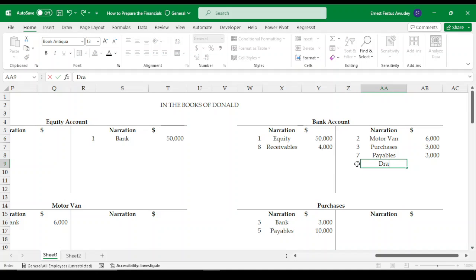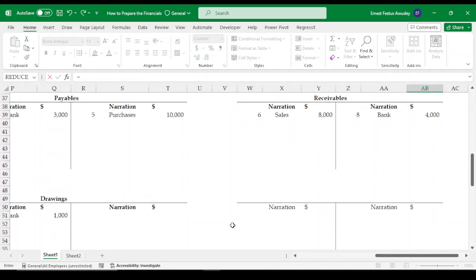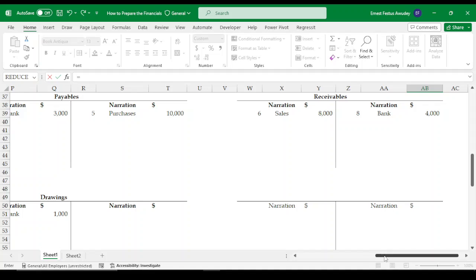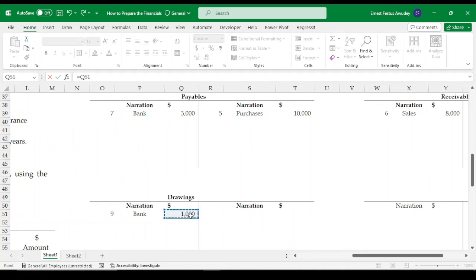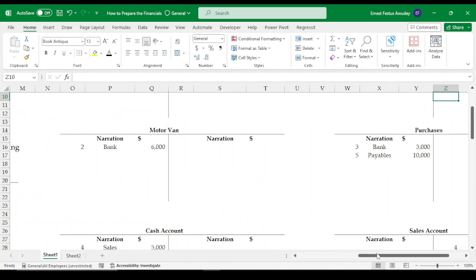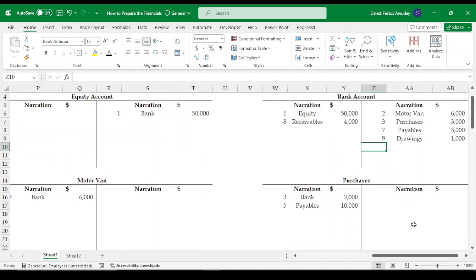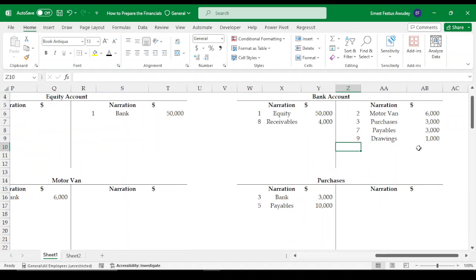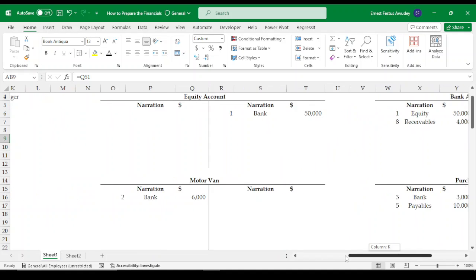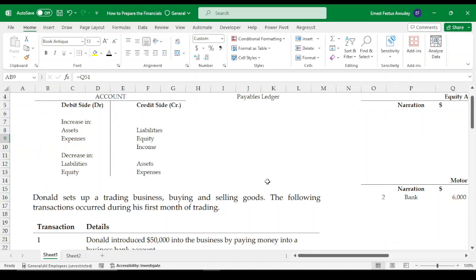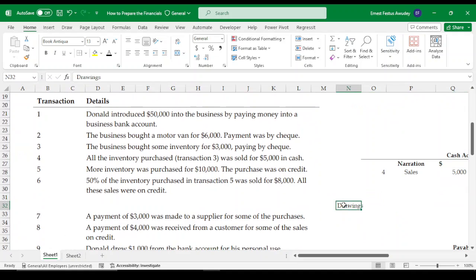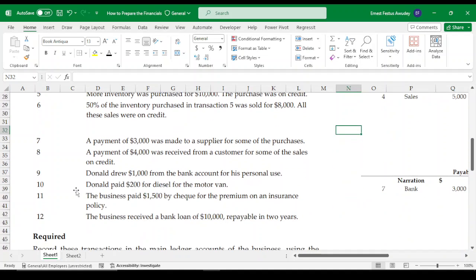I'll have my drawings there, and the amount can be referenced from the drawings account of 1000 there, and then I can hit OK, so that we'll have our 1000 right here. All right, so let's continue. So that is it for drawings as well. Okay, so let me just delete this.